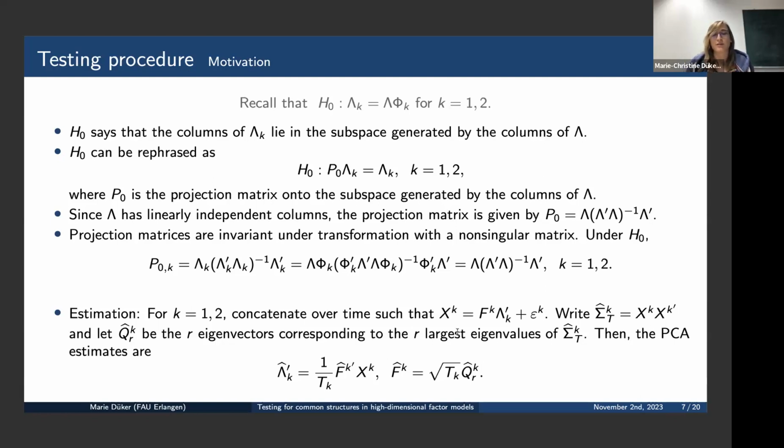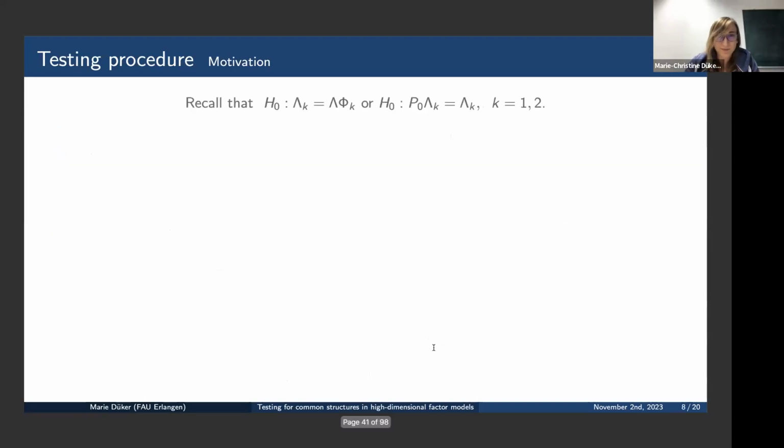And then we use the first r eigenvectors corresponding to the r largest eigenvalues of sigma for our PCA estimators, and we get an estimator for our factors, and based on that, we can also estimate our loading matrices. So this is just a regular procedure of how to do estimation, and for now we assume that we know the number of factors.